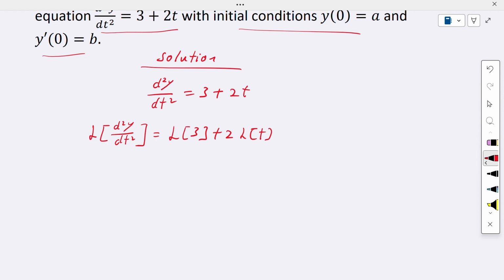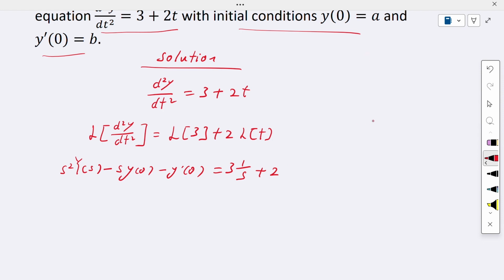In this case, for the second order derivative, when we do the Laplace transform, we get 3 terms. The first term is s squared capital Y(s), then minus the initial conditions, y(0) s minus y prime of 0, and that must be equal to the Laplace transform of 3, which is 3 times 1 over s, plus 2 times the Laplace transform of t.